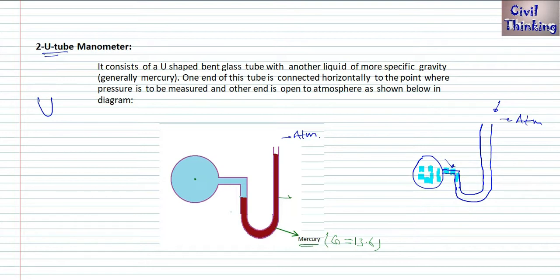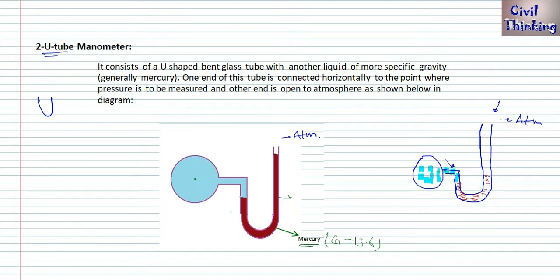Now since there is a hole in this and the water goes here, it will push the level. Wait, let me show you the first level like this. Suppose this is the mercury here, up to this level. Now when you connect this to the pipe, the water will come and it will hit the mercury, right?